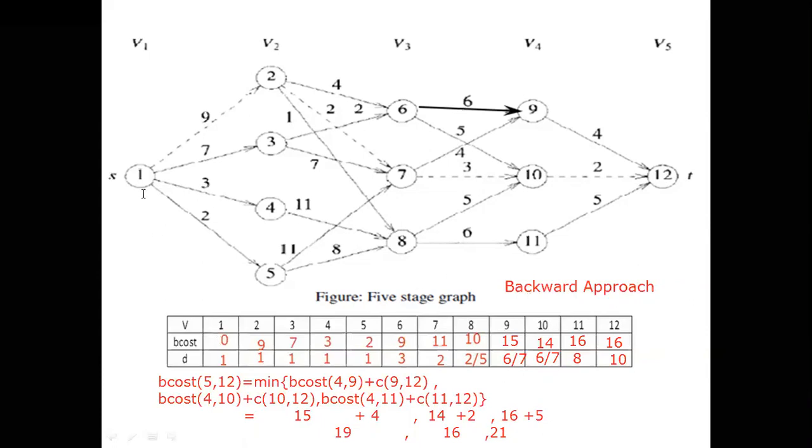Here we started with 1 as 0, but 12 we get as 16. In the forward approach, 12 will be 0 and 1 will be 16. What you understood is that whether you solve using forward or backward, the shortest path from 1 to 12 will always be 16. It is not going to change. Now we have to find the path, and next I will write out the path.